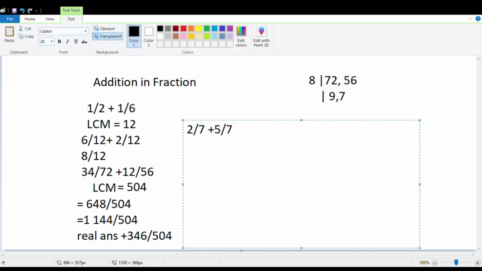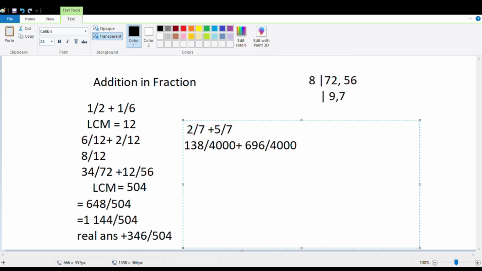The next sum is 138 by 4000 plus 696 by 4000.